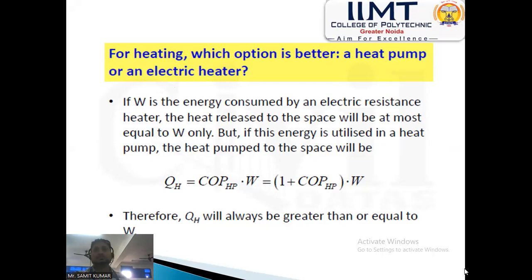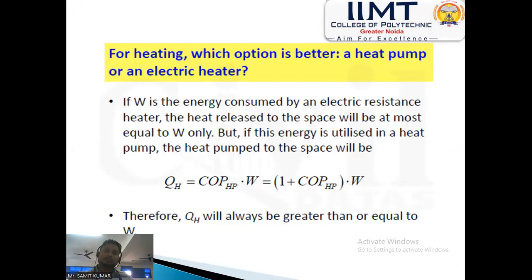If work is consumed by the electric resistance heater, then the heat released to the space will be almost equal to the work. But if this energy is utilized in a heat pump, then the heat pumped to the space will be greater.